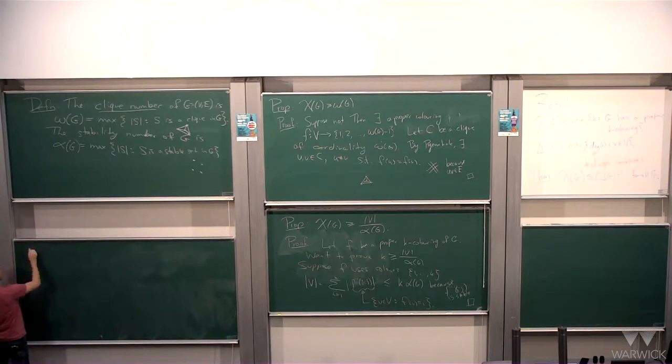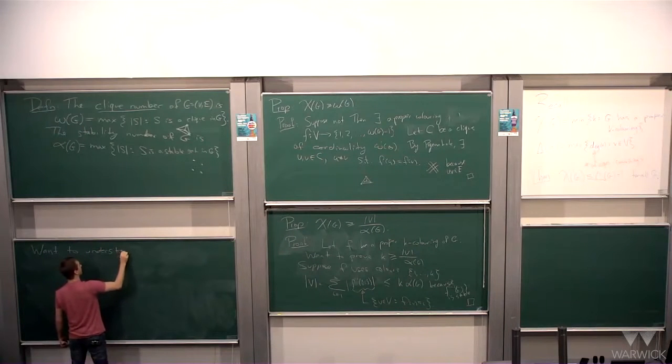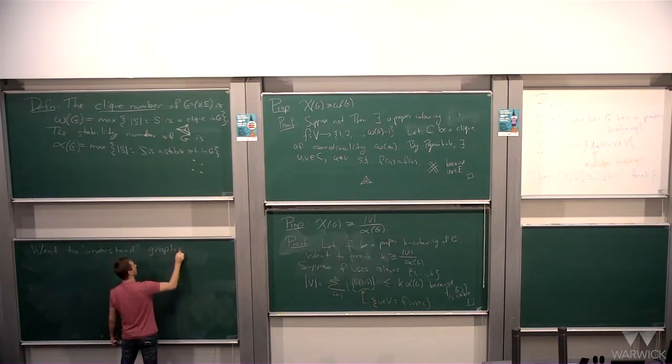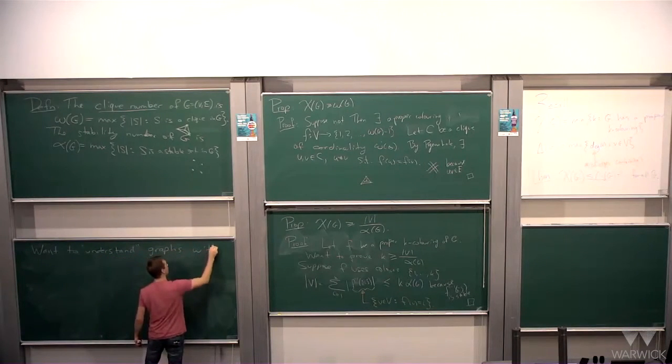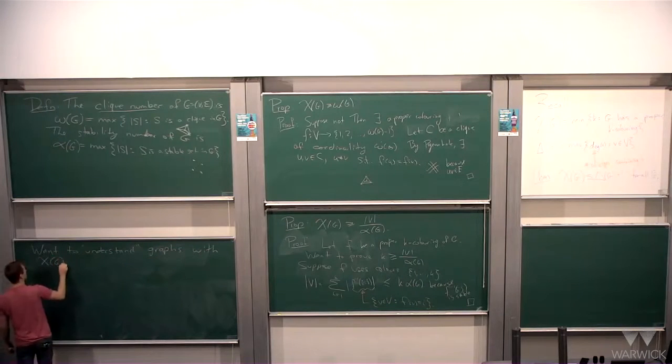So we want to understand, in a certain sense, graphs which have chromatic number equal to the clique number.